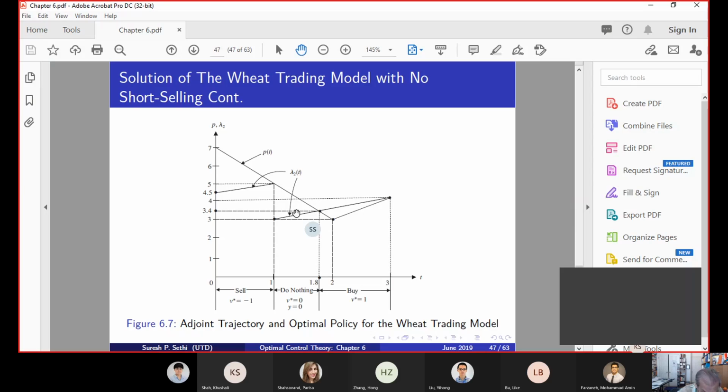So the second bang condition applies and V star is 0. Do nothing. When V star is 0, Y equal to 0. Because I already entered the wheat and Y equal to 0 constraint continues up to the point when I start buying again. So from 1 to 1.8, I'm on the boundary of the constraint.